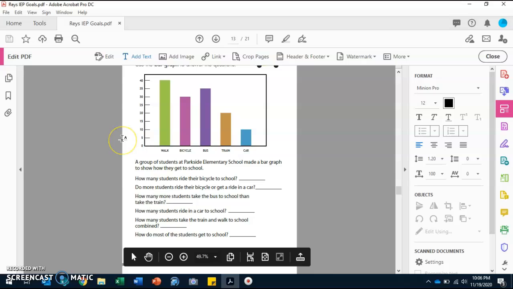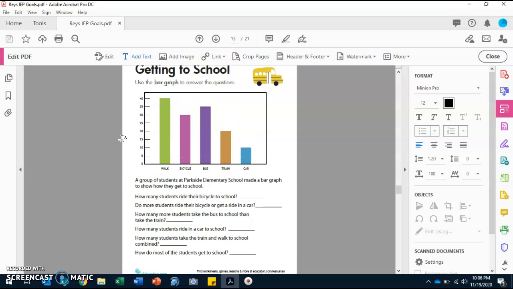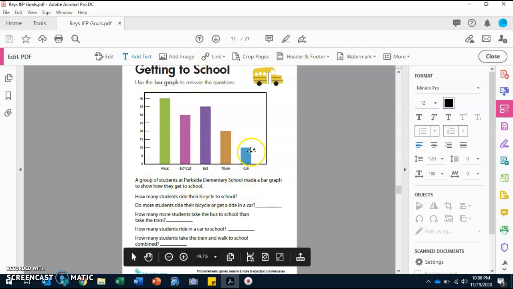So I will be doing 2 questions with you, and the rest you will be working on your own. Here it says Getting to School. Use the bar graph to answer questions. There are many ways that kids get to school.